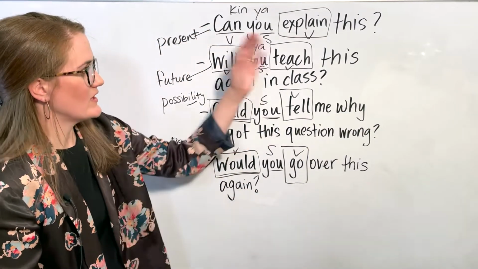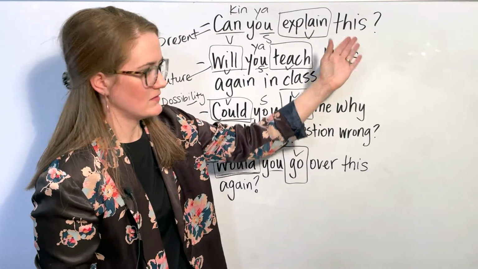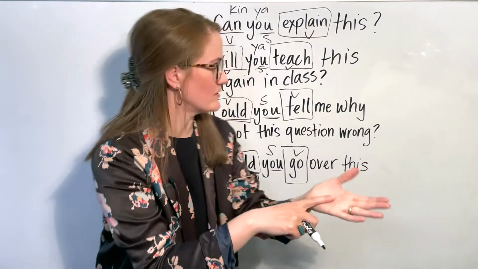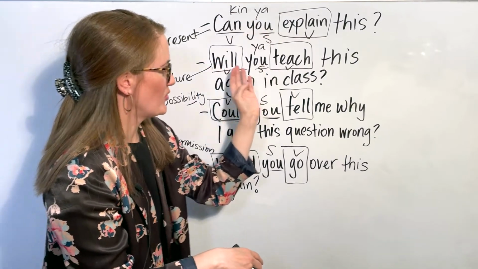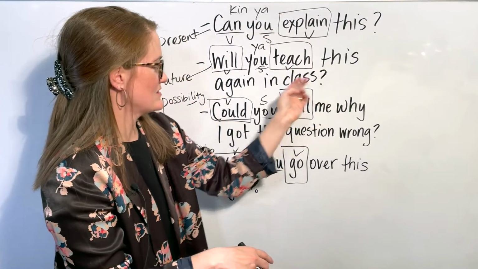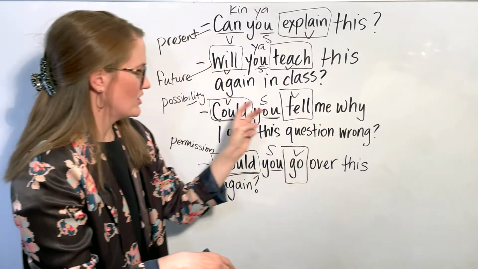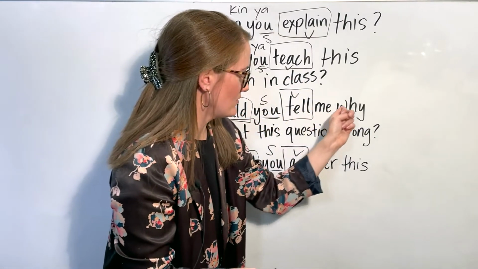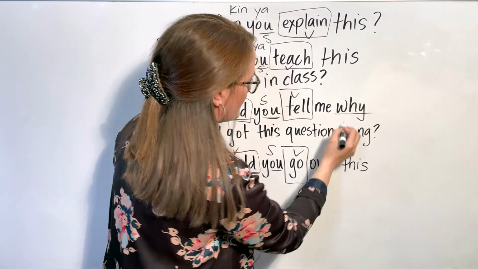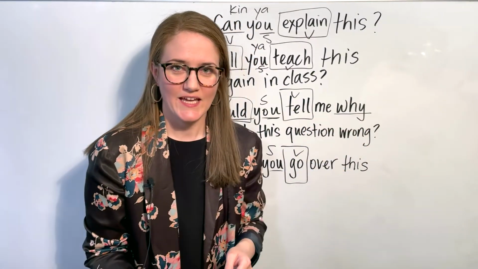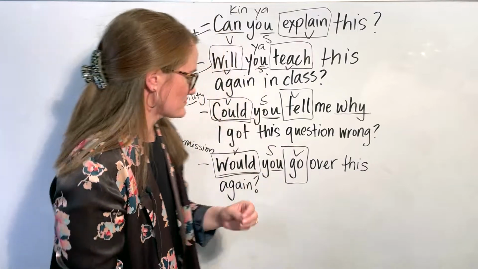Okay, so we have, can you explain this? Okay, and I have my paper, I'm pointing to it. Can you teach this again in class? Could you tell me why? Tell me why. Okay, now why here is actually a conjunction.